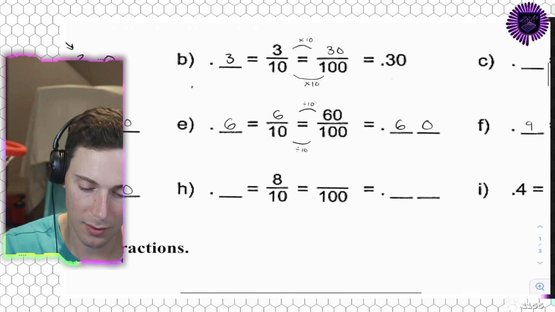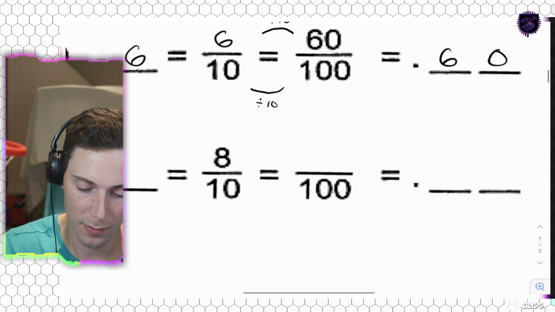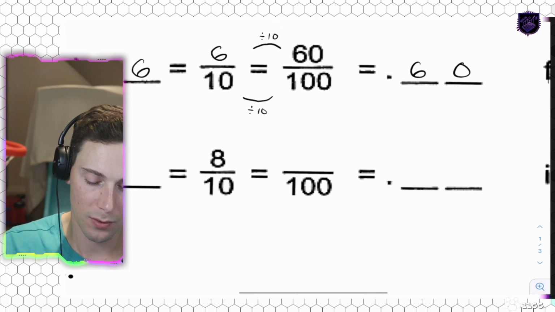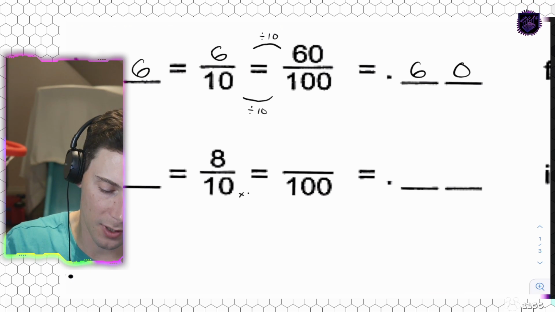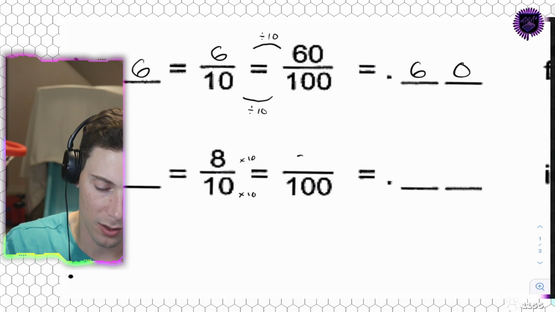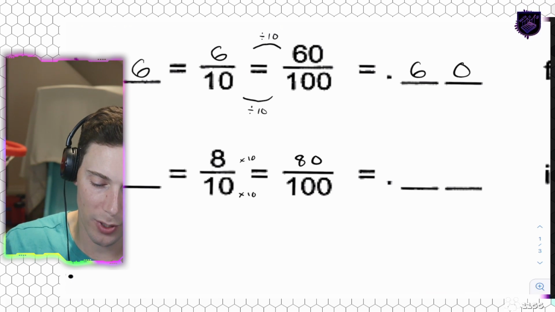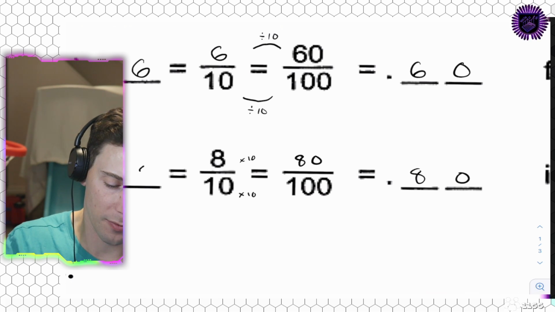Does that make sense? I think that makes sense. So we're going to have the same thing. We're going to multiply times 10 times 10 to find our equivalent fraction. 80/100ths. And on this side we have 0.8.